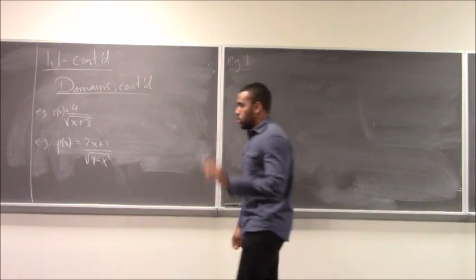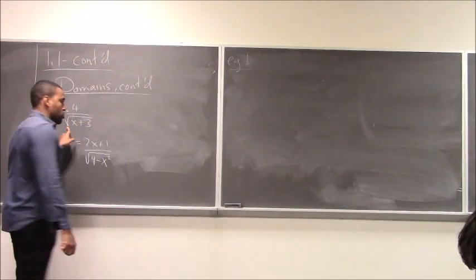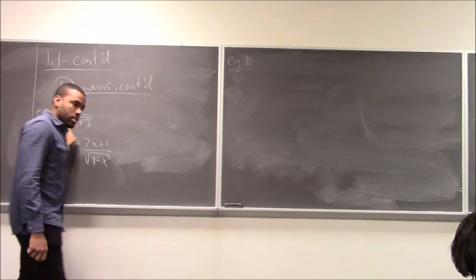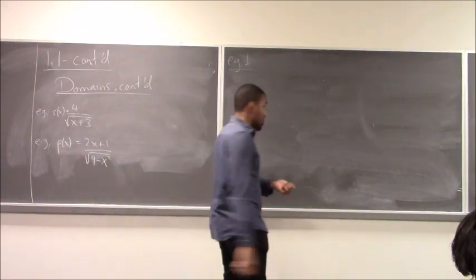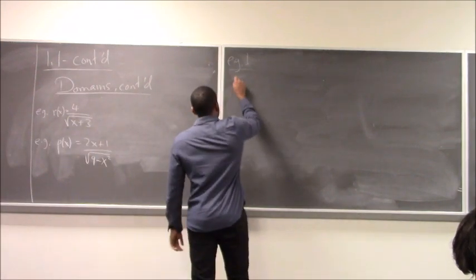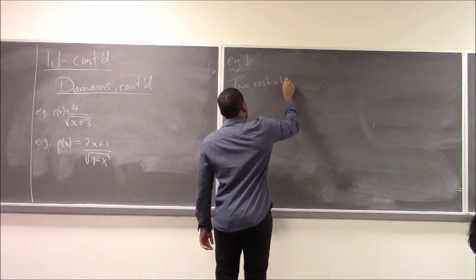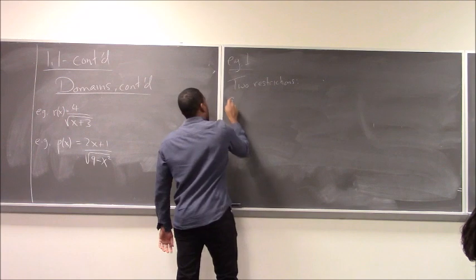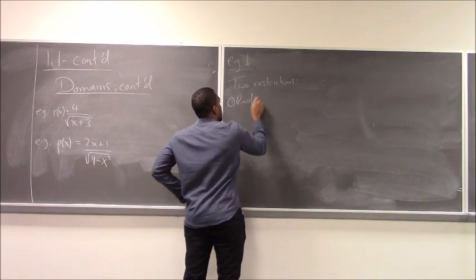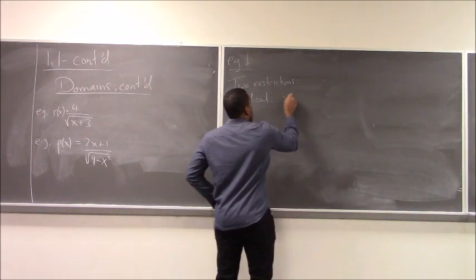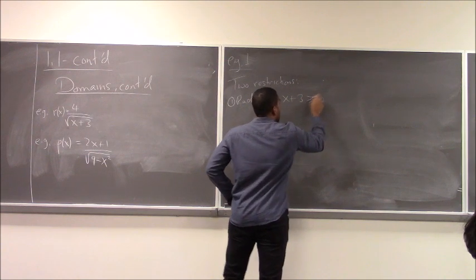Okay. So he pointed out that there's a radical, and we know the rules about radicals, right? What's under a radical needs to be greater than or equal to 0, right? So that's one restriction. So here we have two restrictions. One, there's that radical, which means that your x plus 3 must be greater than or equal to 0.